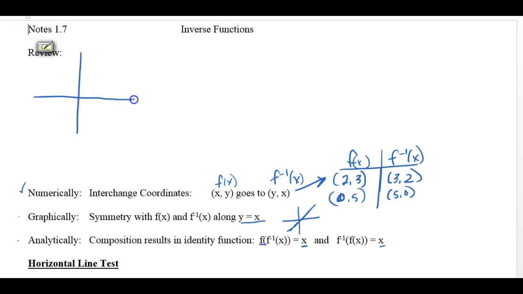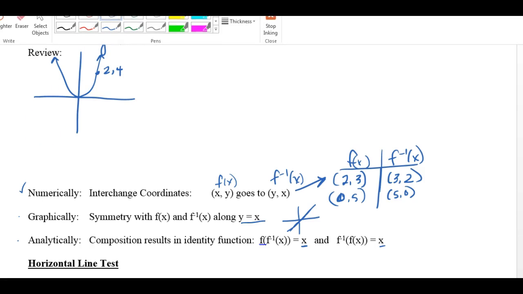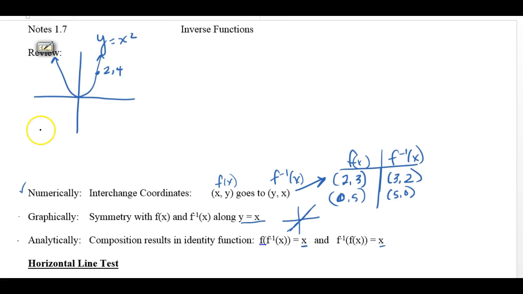All right, so let's think about this for a minute. Let's just draw a graph, and this will be y equals x squared. This is just your basic parabola. And let's say I have this point right here at 2, 4. Now remember, I told you that it would be symmetric along the y equals x line. So I'm just going to dot that line in here, and we're going to pretend that we fold that parabola across the line.